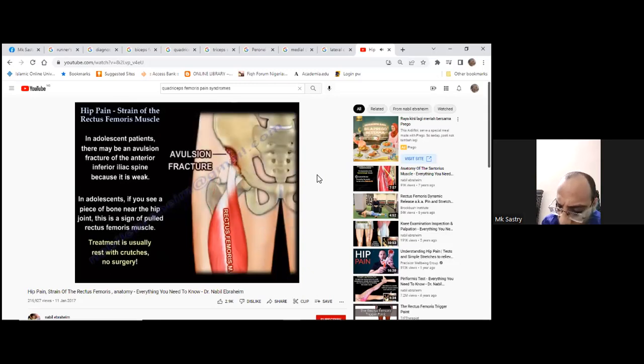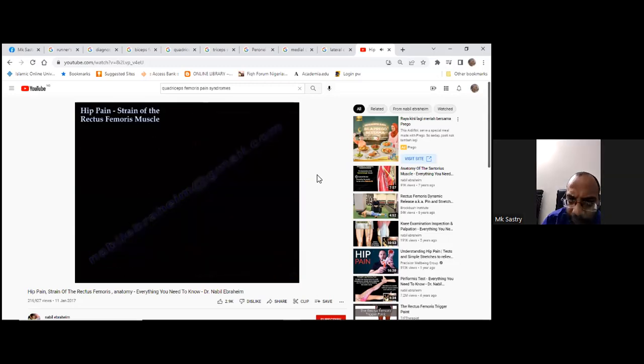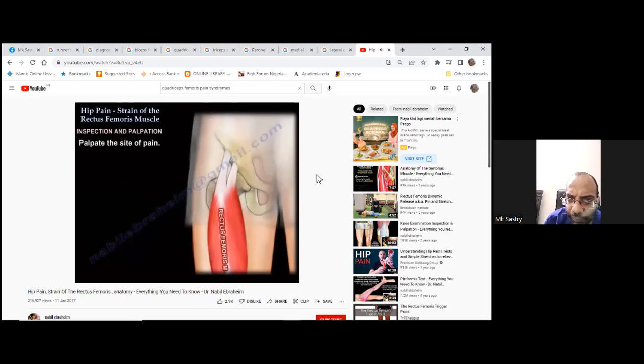In adolescence, you will have avulsion of the anterior inferior iliac spine because it's weak. So if you see a piece of bone near the hip joint, then this is a pulled muscle. It is the rectus femoris, innervated by the femoral nerve, and the treatment is no surgery, just some rest and crutches. And then you're going to palpate the site of the pain.